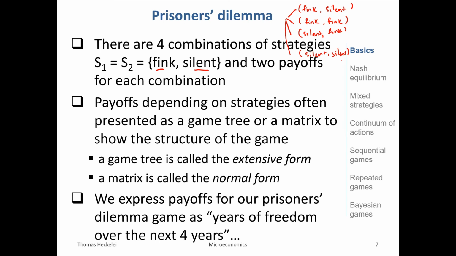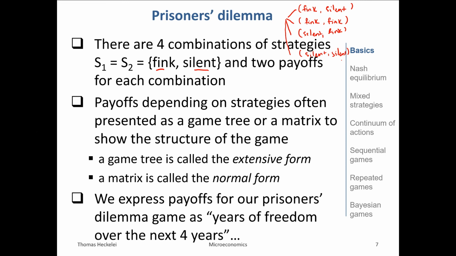So in order to avoid this confusion for the very first step of analyzing the game, we put it differently. We express the payoff as the number of years of freedom over the next 4 years.